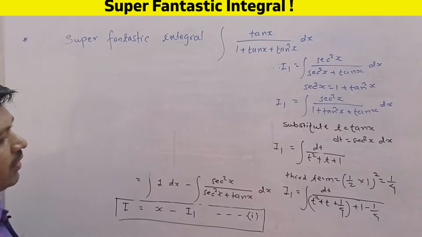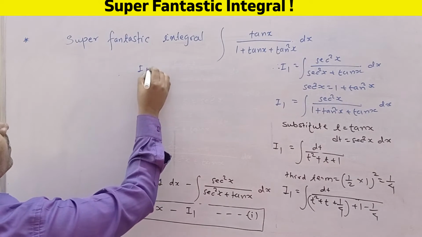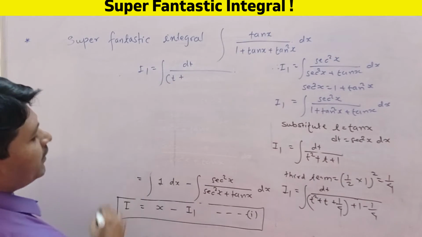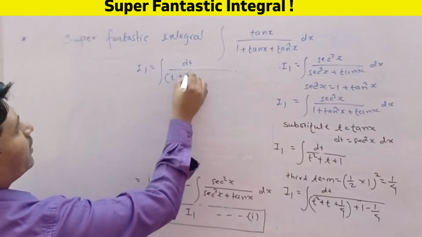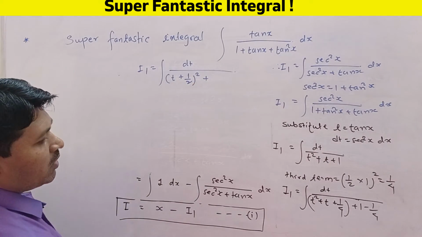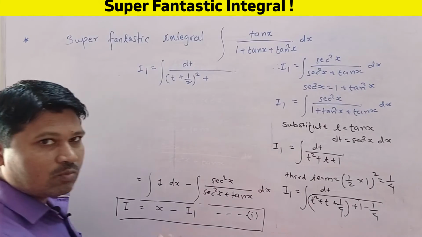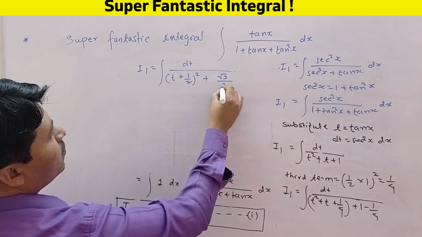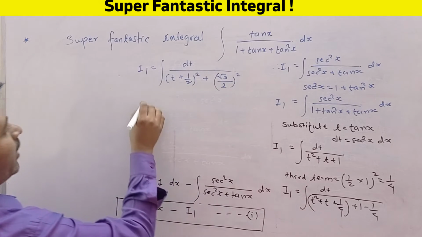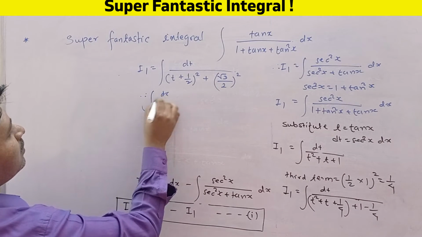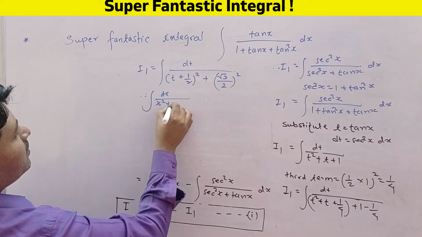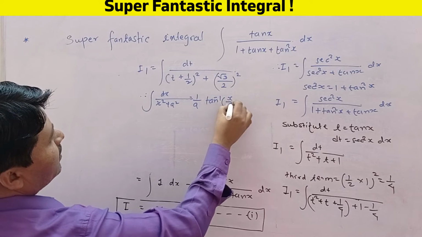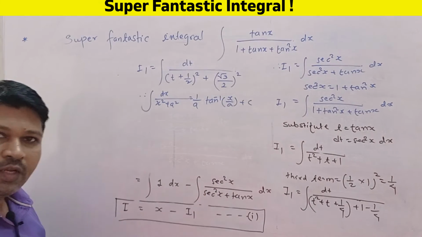So I1 is equal to the integration of dt upon t plus 1 by 2 square plus, 4 minus 1 gives 3, so root 3 by 2 square. We know the related formula for the integration of 1 upon x square plus a square: 1 by a tan inverse of x upon a plus c, the constant of integration.